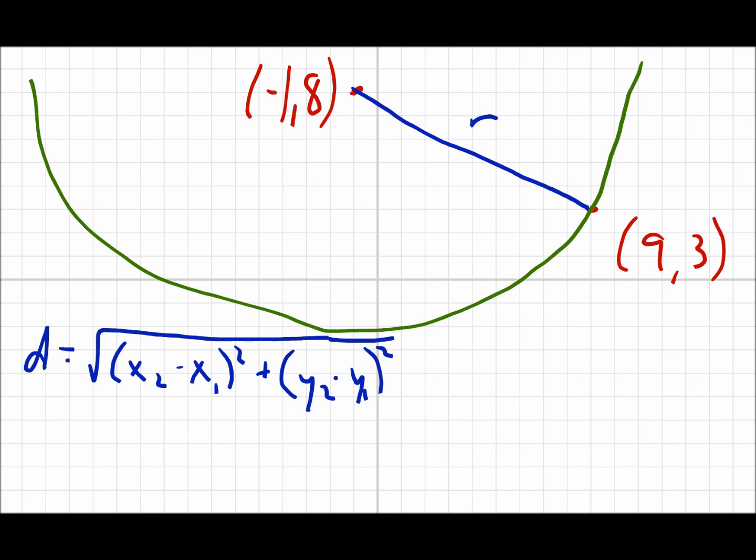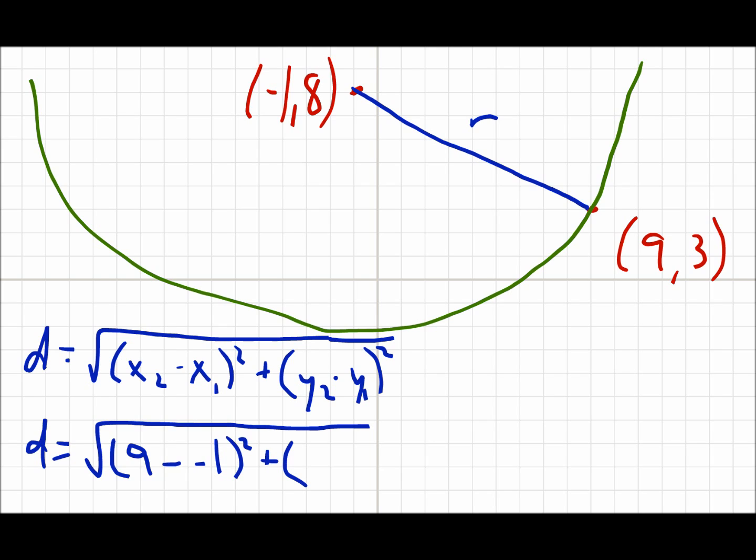So we'll use the distance formula to find r. x2 is 9, x1 is negative 1, y2 is 3, y1 is 8.